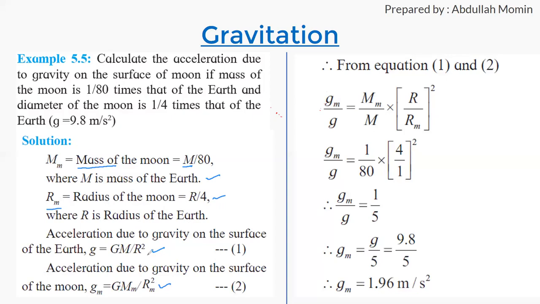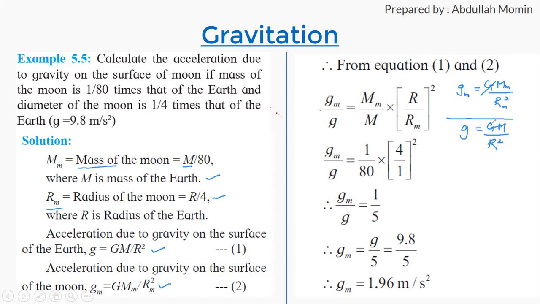we are going to divide these two equations. So from the second equation, gm is equal to GMm upon Rm², divided by g, which is equal to GM upon R².